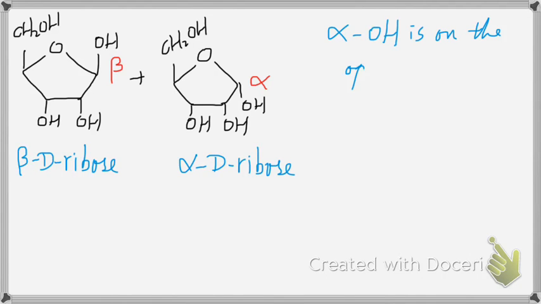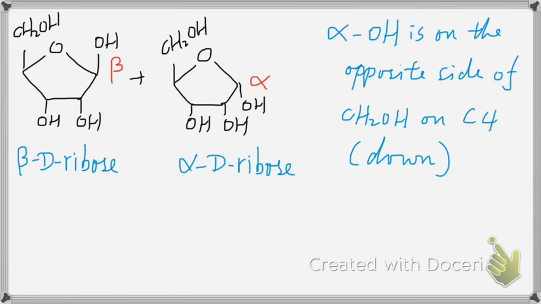All right. So what is alpha? When the OH is on the opposite side of the CH2OH on carbon 4, we call it alpha. So this term is all relative.